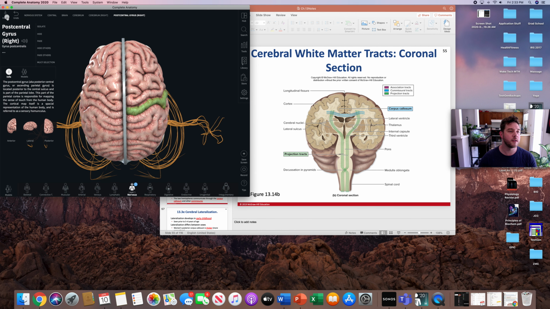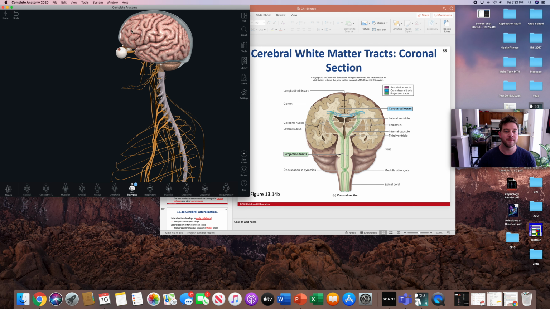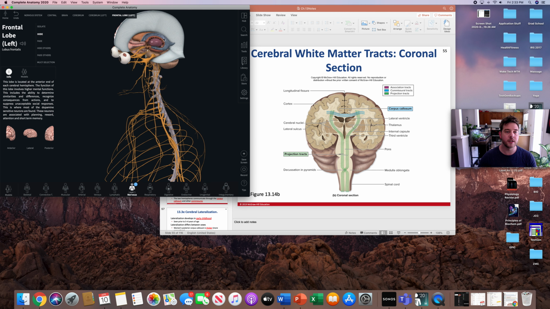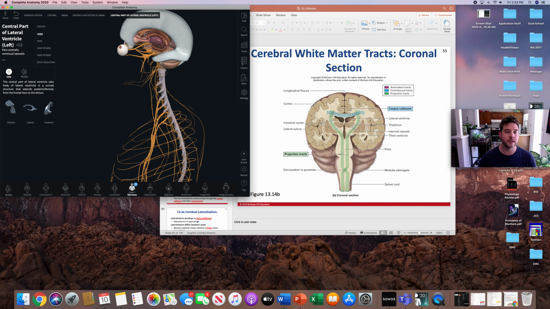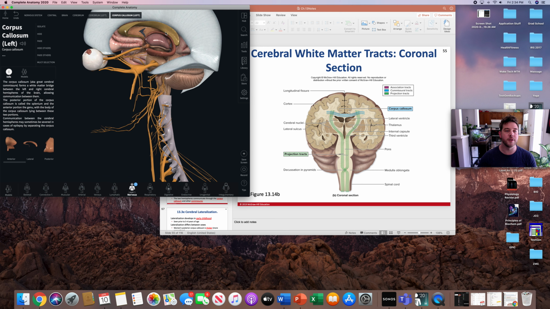And here, of course, I'm going to show you a representation. So, if we get rid of our ventricle, and we get rid of some of these other things, that's the choroid plexus, and we'll look at this stuff in a second. Okay, so here you have your corpus callosum.